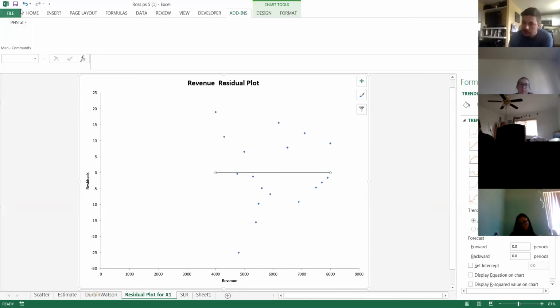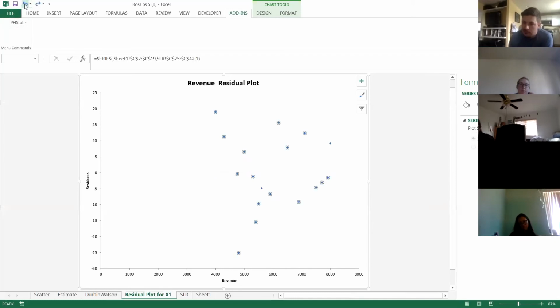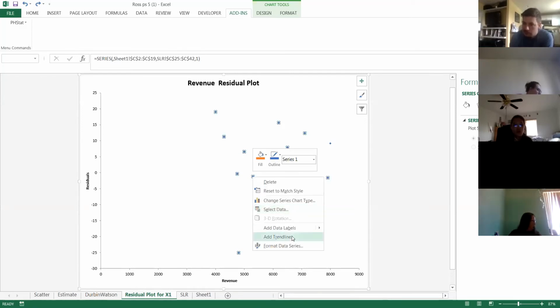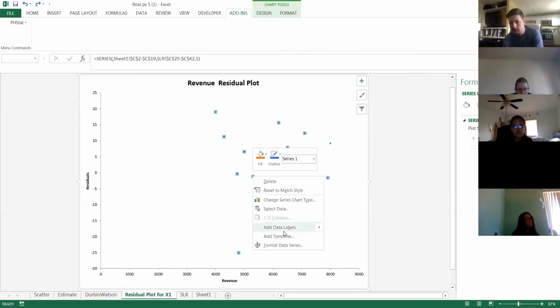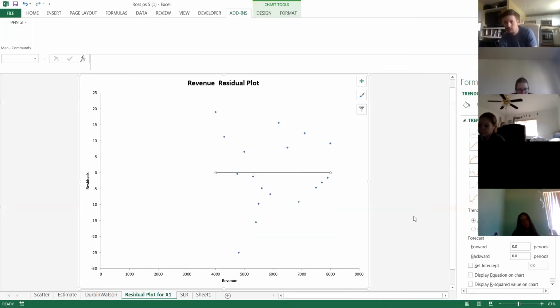Let me undo that. I'm going to go over here, right click. And as I add the trend line, I'm going to change it to a polynomial. So I'm going to put a smile or a frown in here.